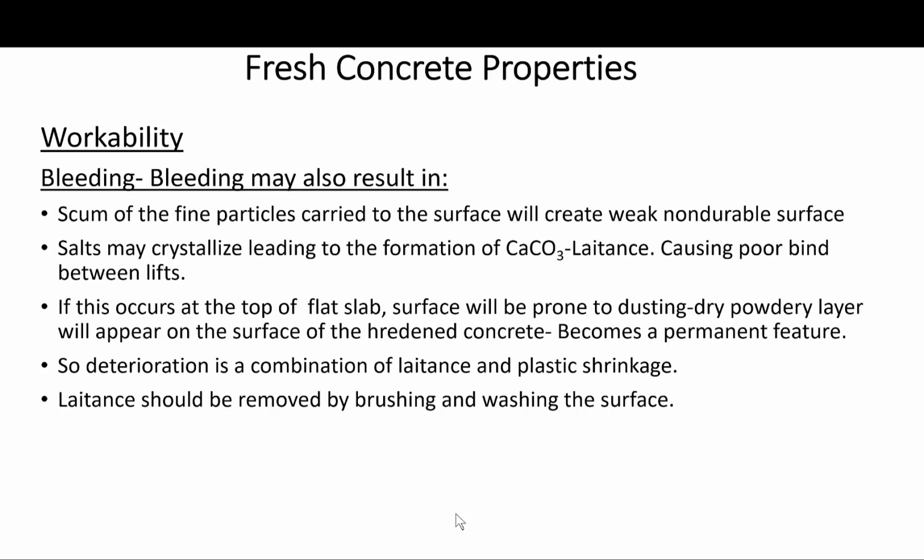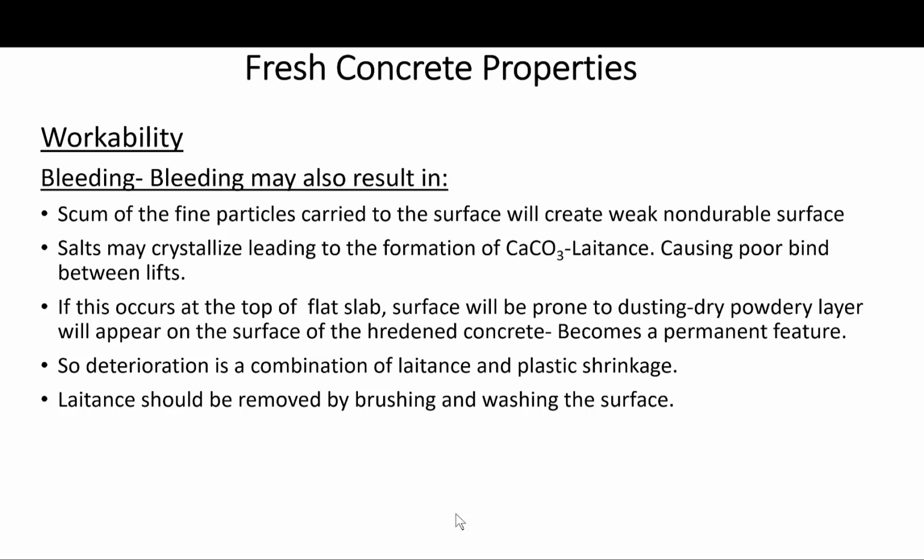Also, as a manifestation of the bleeding, sometimes we get a scum of fine particles that could be carried out to the surface of the concrete, basically creating a weak, non-durable surface. Or salts may crystallize at the surface, leading to the formation of calcium carbonate, which is referred to as laitance.